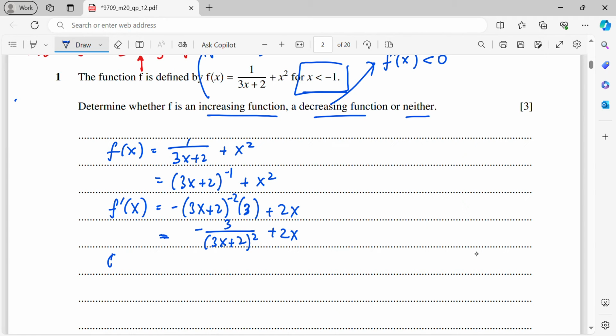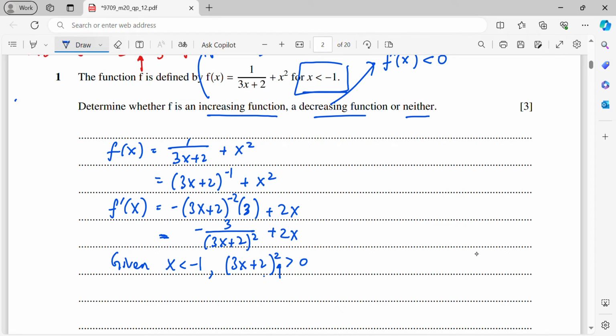So given x is less than minus 1, now I need to conclude what is my denominator of the first term. That means (3x+2) squared will be greater than 0, because whenever you see squared, the minimum is 0. When less than minus 1, it does not include.